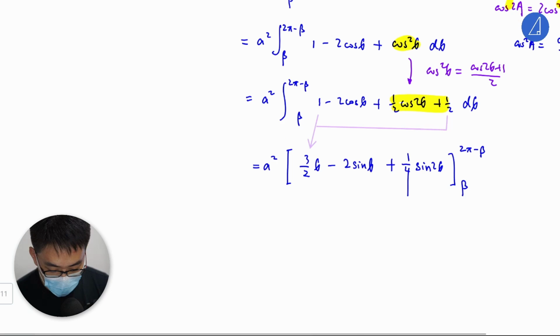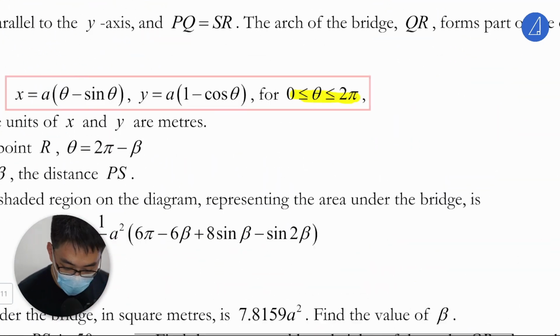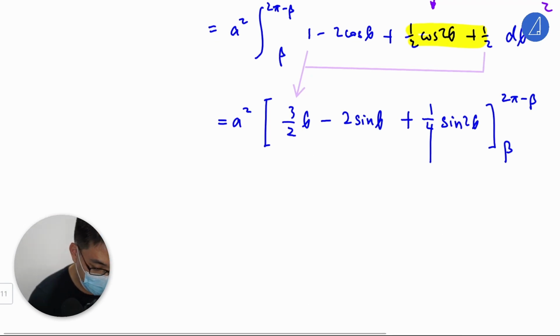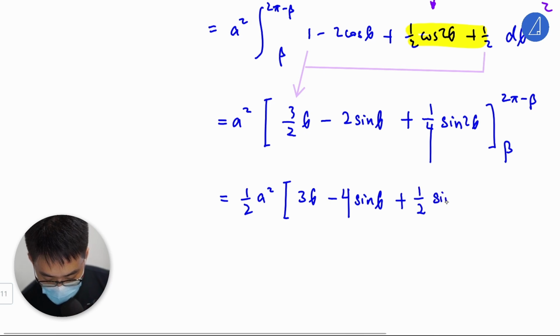But what I'm going to do is, because there's a half in front, I'm going to just factorize a half out. That will be here. Half 3 theta. Then I minus off.